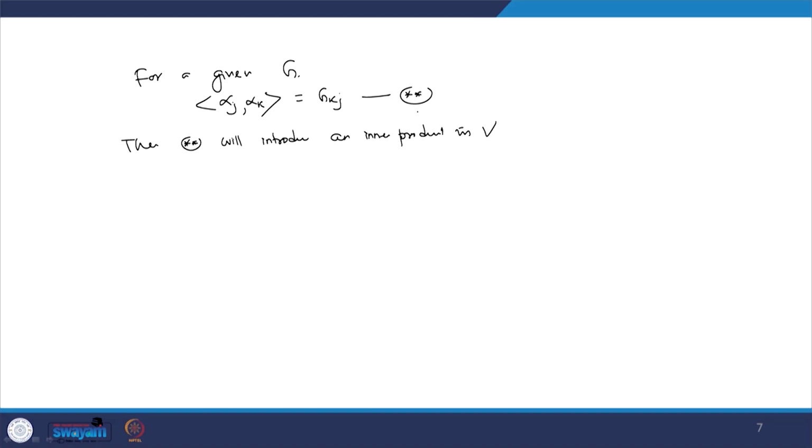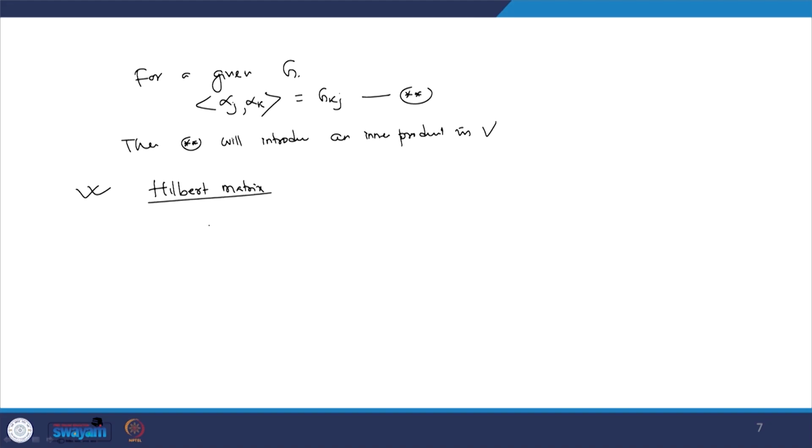Now, we should utilize this concept to understand one nice problem, that is called the Hilbert matrix. So, let me consider the Hilbert matrix.